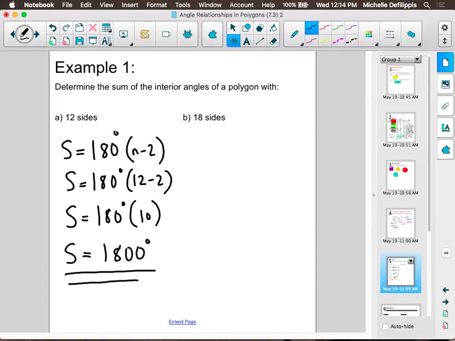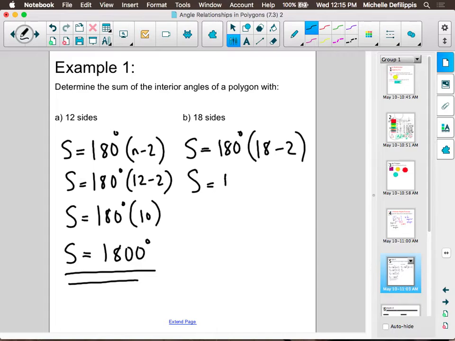Now you try the next one really quickly on your own. See if you can plug it in first. I'll wait maybe 30 seconds. All right, so hopefully what you did, you have S equals 180 times, well, this time I'm telling you the number of sides is 18, so it's 18 minus 2.